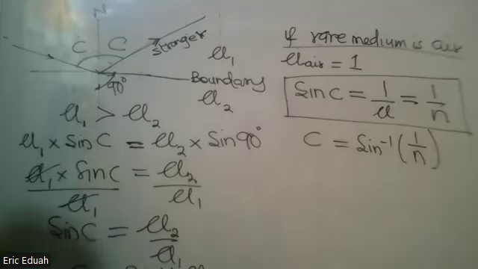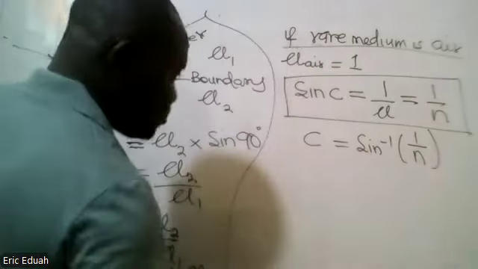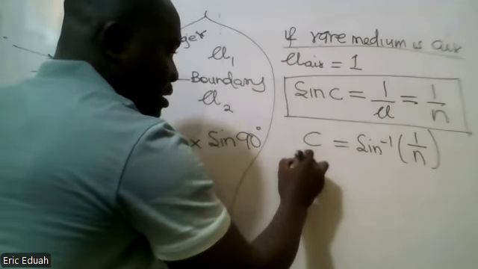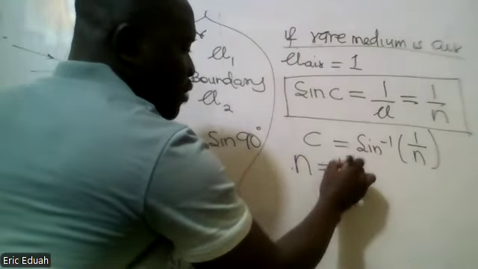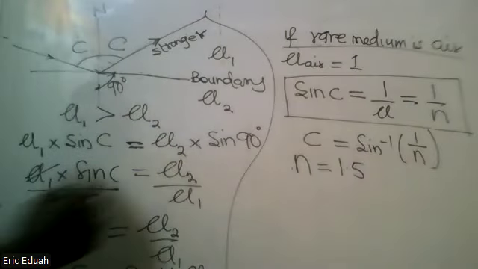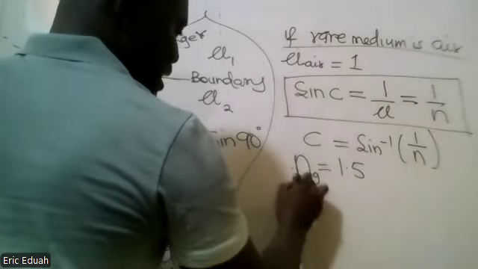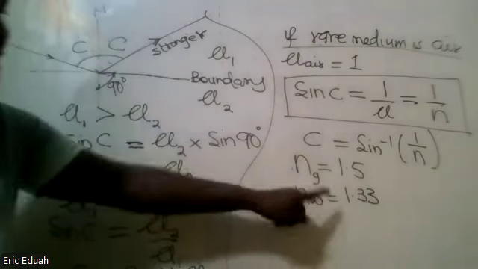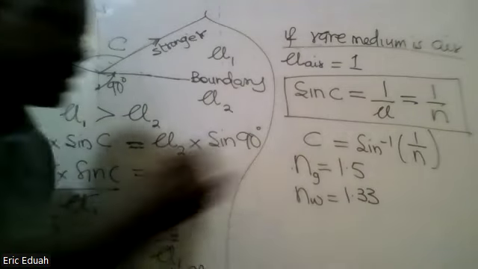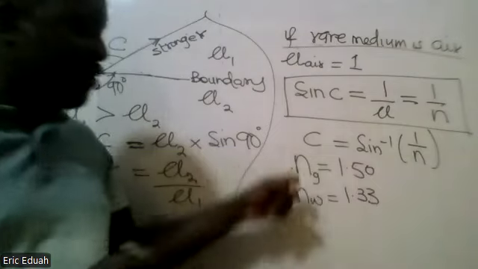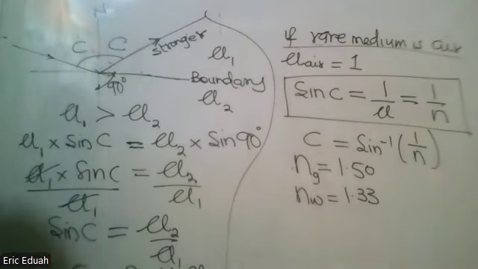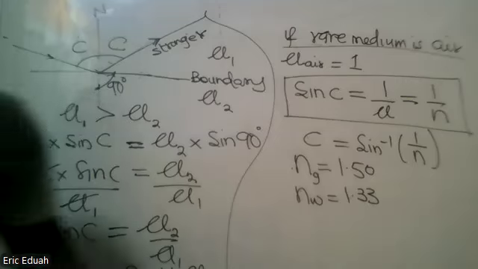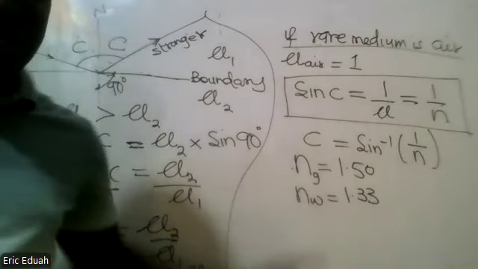We know the refractive index of glass will be 1.5, and the refractive index of water is 1.33. We can easily use this information to calculate the critical angle of glass and water. Help me use these two pieces of information to find the critical angle of glass and water respectively.